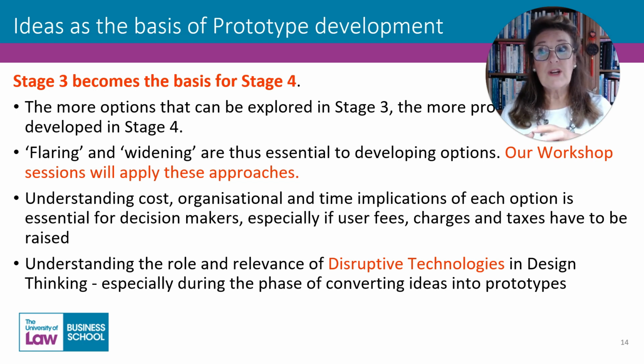So stage 3 becomes the basis for stage 4. And the more options that can be explored in stage 3, the more prototypes can be developed in stage 4. So flaring and widening are thus essential to developing options, and that's what we're going to do in workshop 4. So we'll be using tools which will apply these approaches.